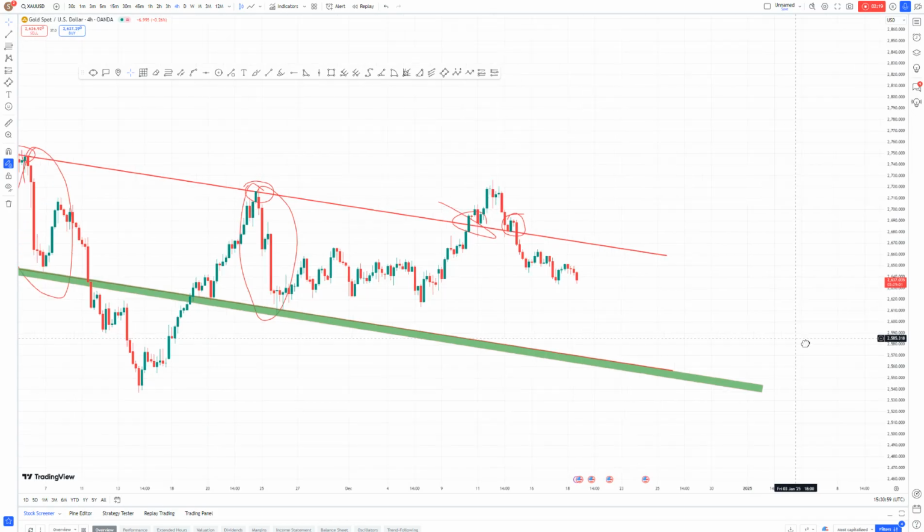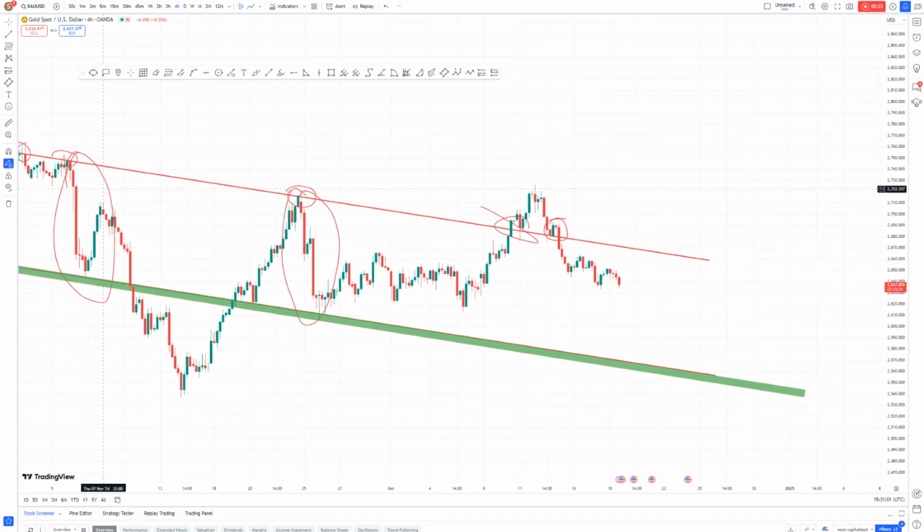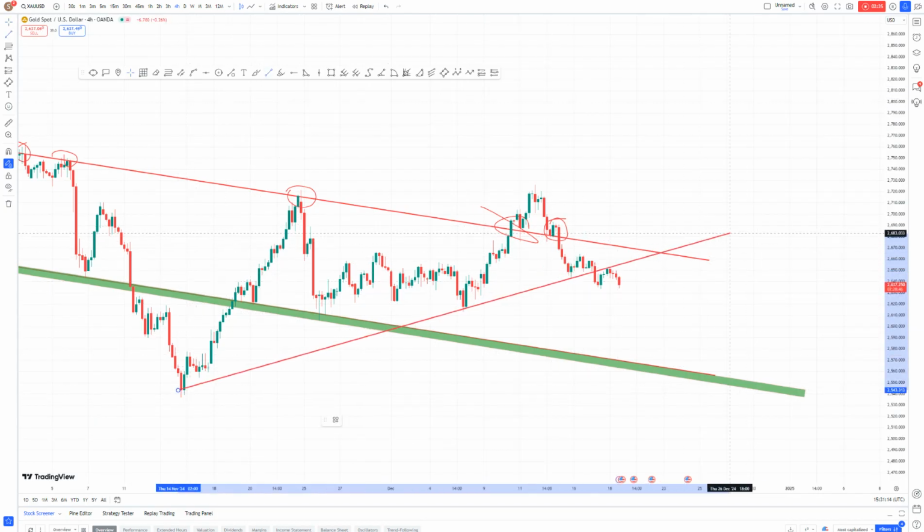So this is the structure, and we're going to look at it from multi-dimension. So from the floor, we have our 4 hours ascending trend line. This was our sell confirmation.